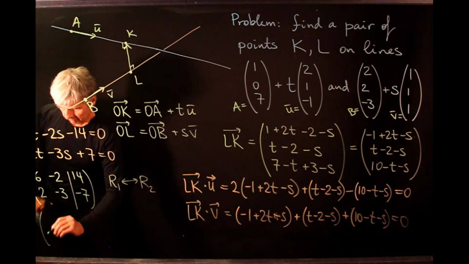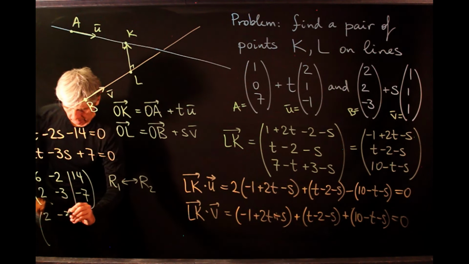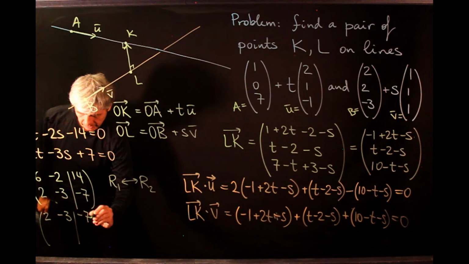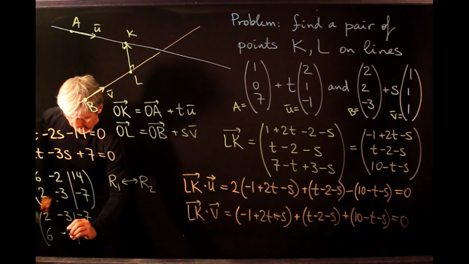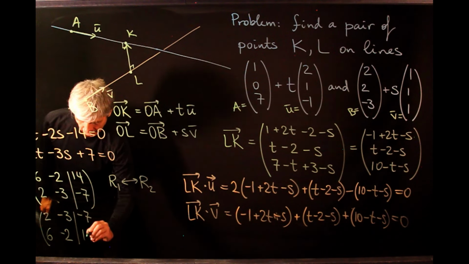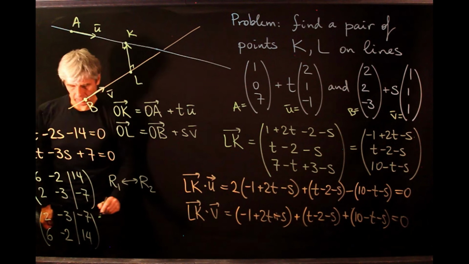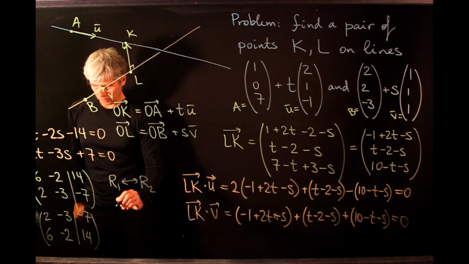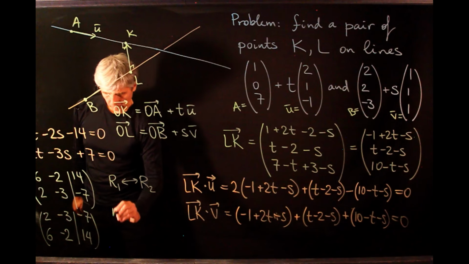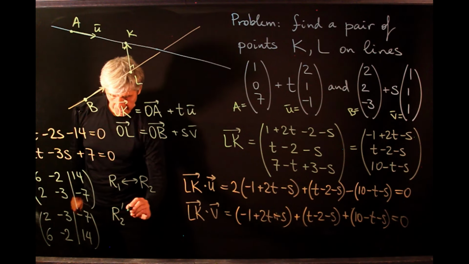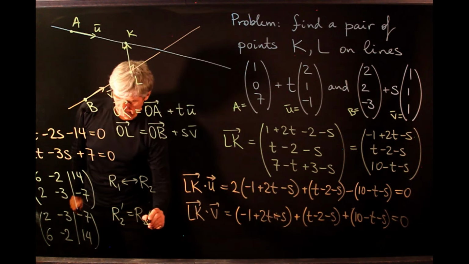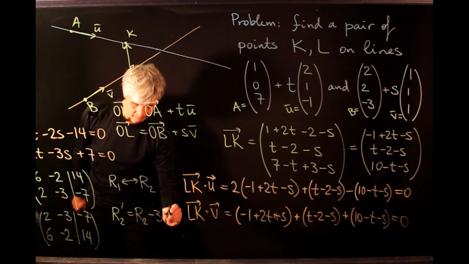So this will give me matrix 2, minus 3, minus 7, 6, negative 2, 14. And then we're going to say R2 prime is R2 minus 3 R1.